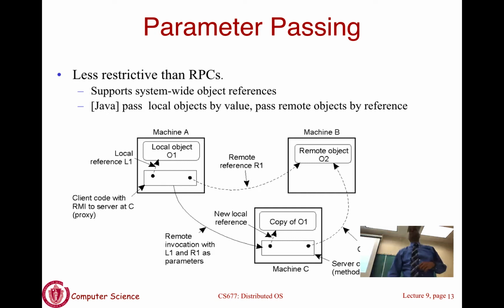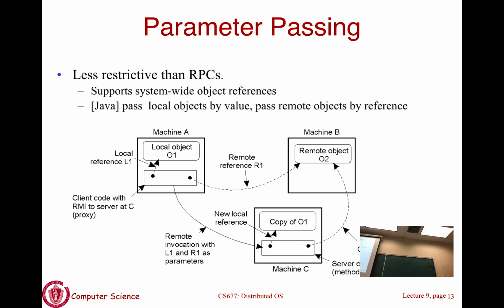There's one additional detail that I want to mention, which is actually different from the RPC world. We said in RPCs that all arguments to RPC calls are passed by value. We cannot pass pointers. We explicitly prohibited passing pointers because dereferencing a pointer on a different machine is meaningless, because the pointer is a memory address on a particular machine.